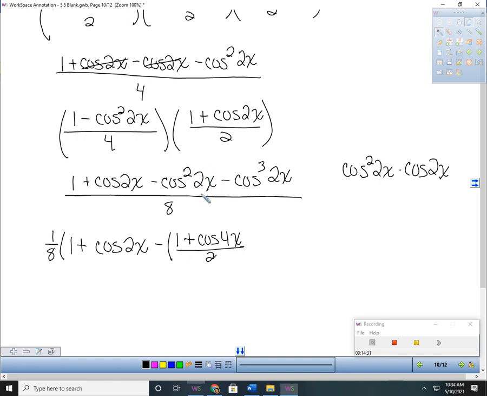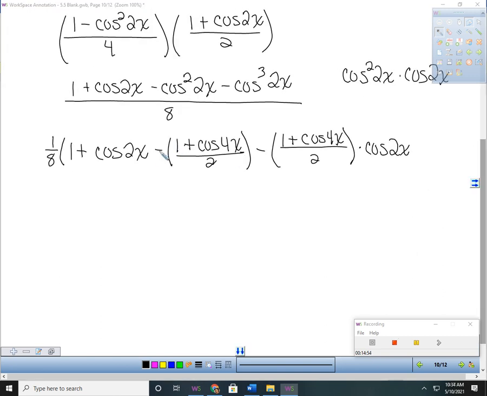Remember, if this is a 2x, you need to double it right here. Minus, and then I need to replace this cosine squared 2x again with 1 plus cosine 4x over 2 times the cosine 2x. I don't need to power reduce that because it already has a power of 1.